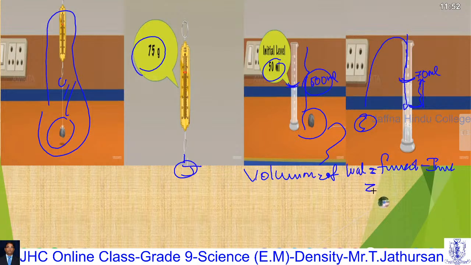The final volume is 70 milliliter and the initial volume is 50 milliliter. So the volume of the stone is 70 minus 50, 20 milliliter or 20 centimeter cube.